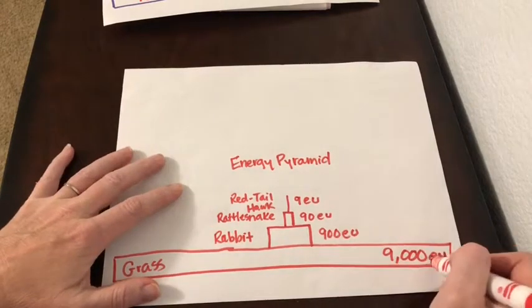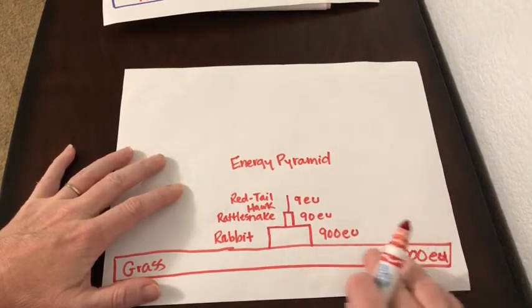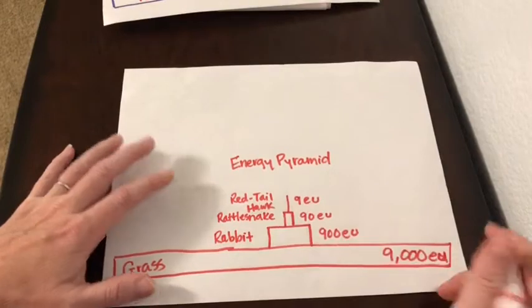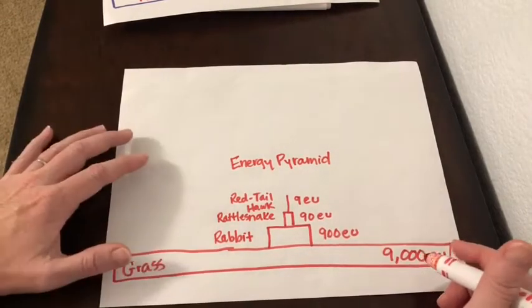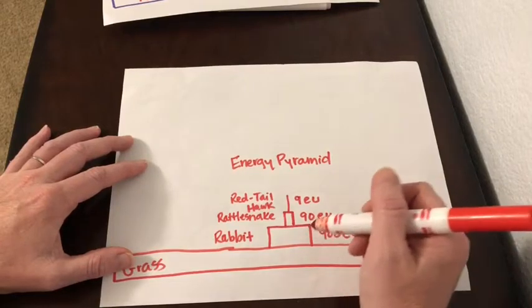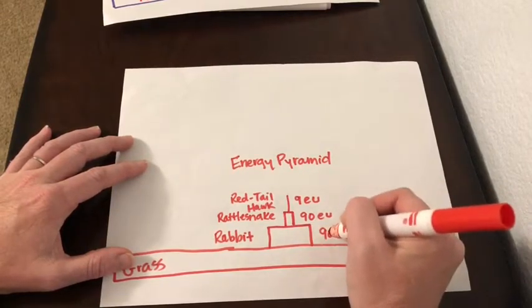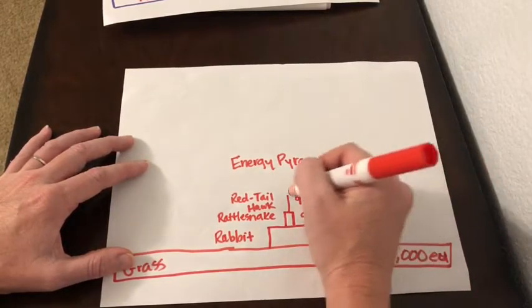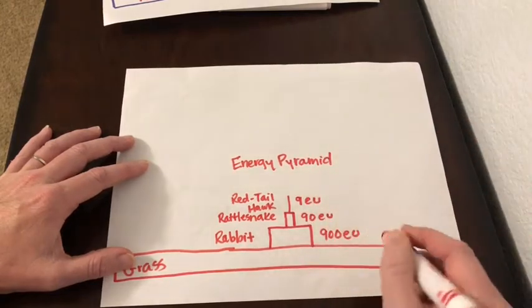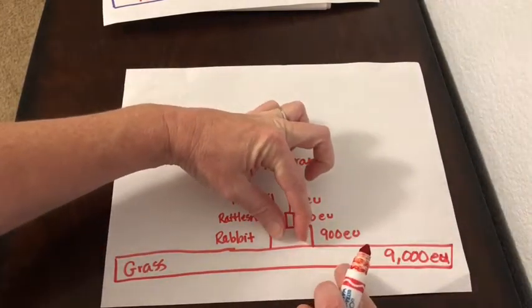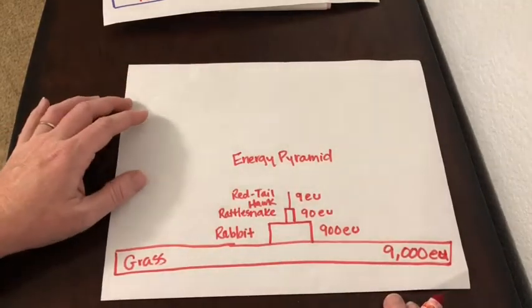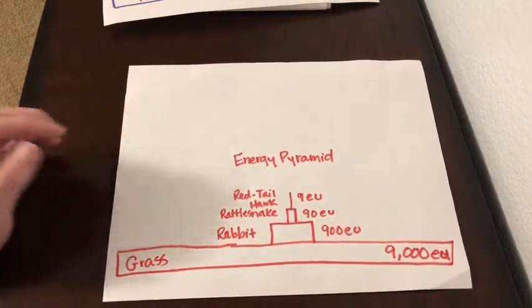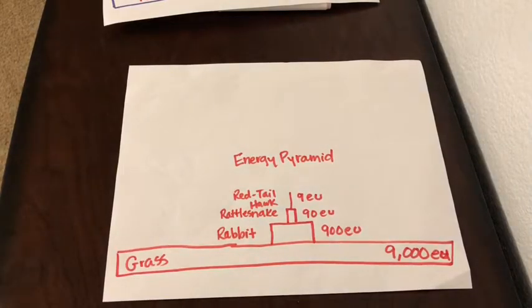And something that's important is not only is it 10% smaller as you go up, 10% of what it was, but it's lost 90%. It's lost 90% each time it goes up. It's only 10% of what it was, so it lost 90%. You should learn how to draw these really well and know how to make them up.